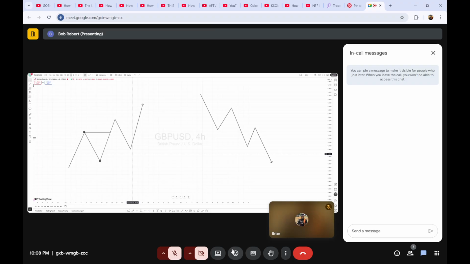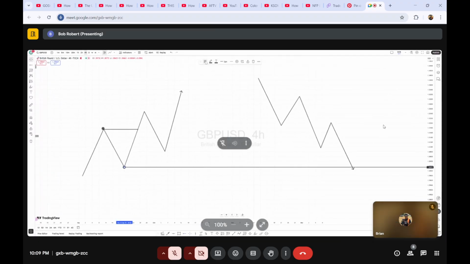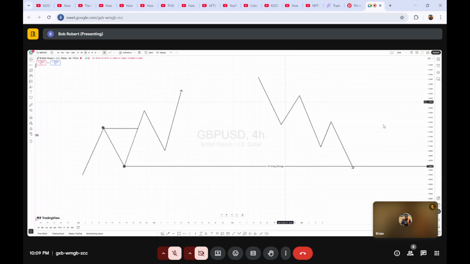Okay, so when it comes to labeling, there is no harm when you label this as swing strong. That's why I have these things saved. So you can label this as swing strong, to mean that we don't expect the market to take out that zone.